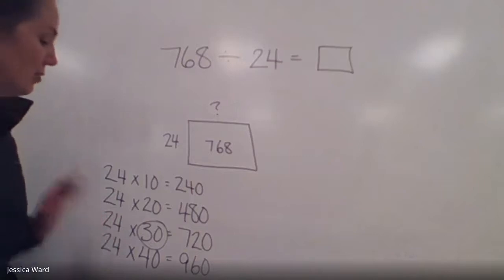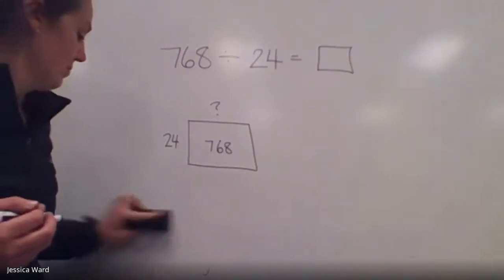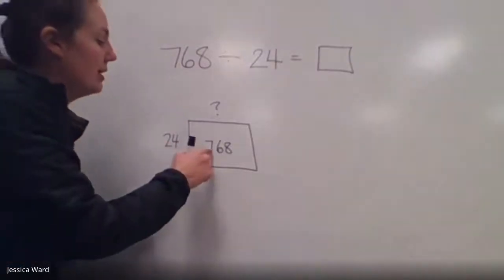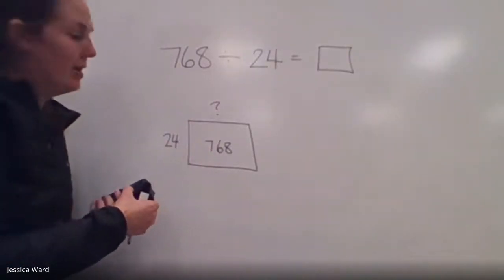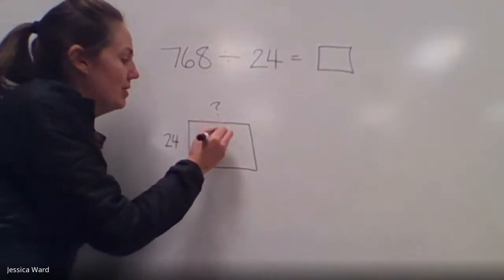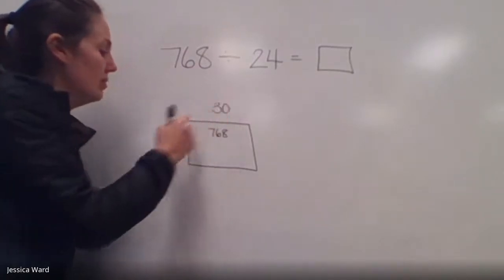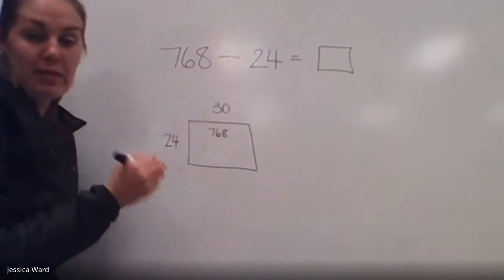So when we do our area model, I'm going to try and get close to my total of 768. So I'm going to leave 768 up here right now. I know that multiplying 24 by 30 is going to get me close.